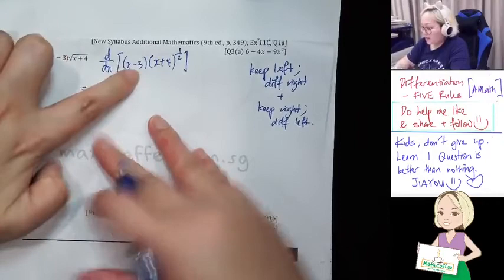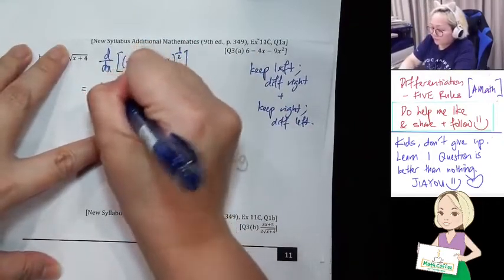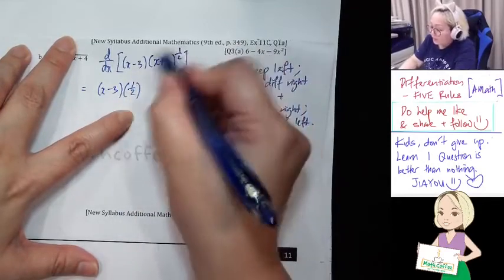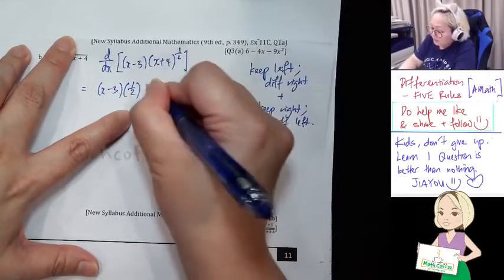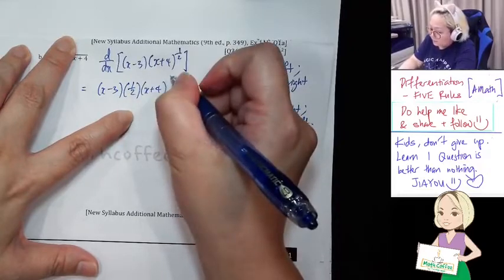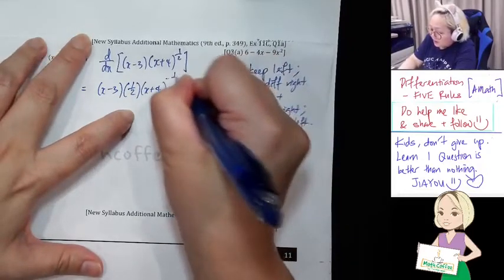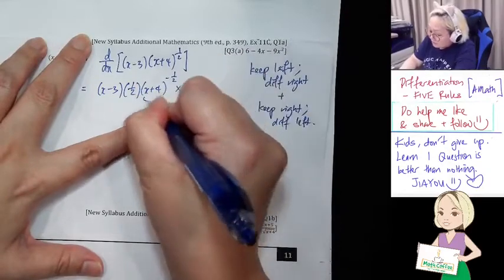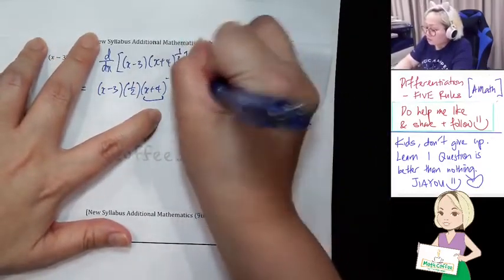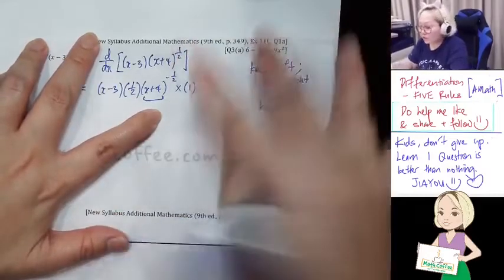So keep left, differentiate right will be bring down the half, because I apply chain rule. Bring down the half, so x plus 4, half minus 1, so it's negative half, multiply by differentiate inside. Although differentiate inside is just 1, but please make it a habit. You always remember that chain rule need to differentiate the inside.